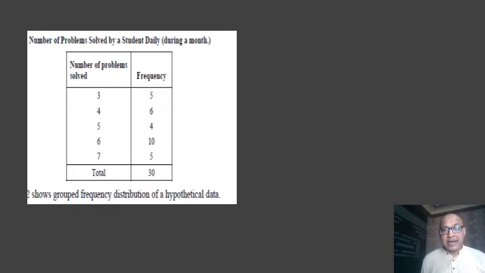So this is data for a class of some students. In this table, simple frequency distribution of number of problems solved by the student daily during a month in my statistics class in BA Honors 5th Sem.